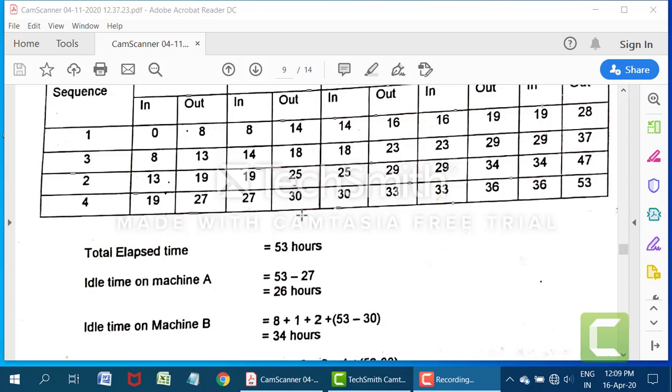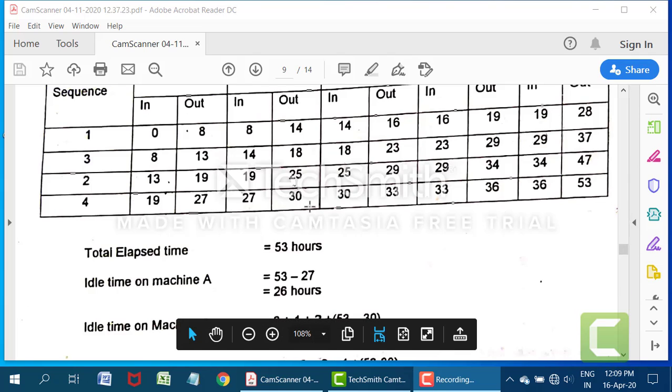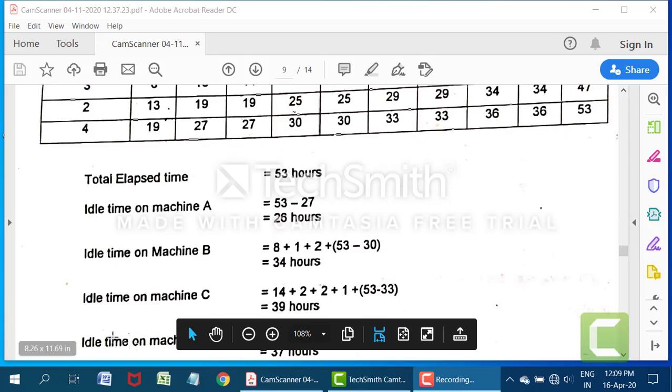After clock time 30, machine B was not functioning, it was idle. So 53 minus 30, from 30 to 53 it was idle. Adding all of them, you will get 34 hours idle time on the machine.